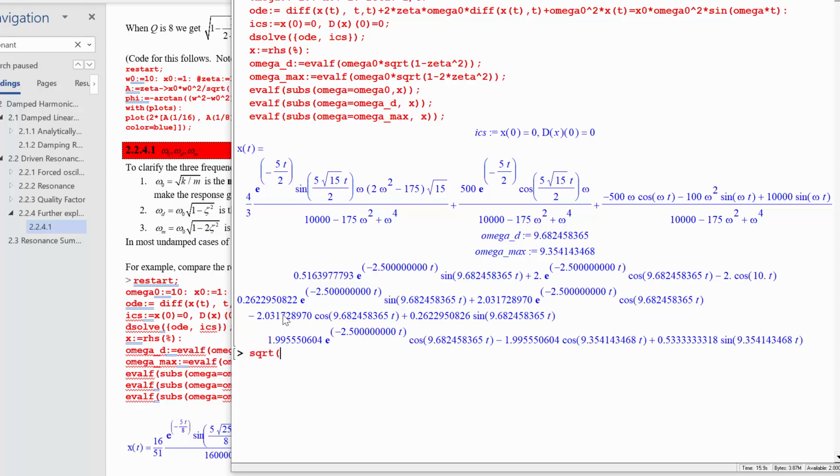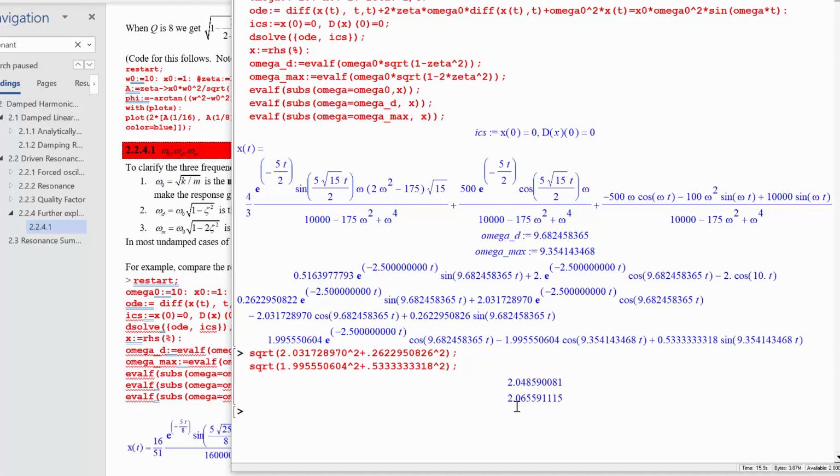Square root of, Control C, Control V, that thing squared, plus, select that, Control C, Control V, and that'll be 2.04. Okay, and that'll be smaller than what we'll get at the omega max. Yeah, let's see. That squared plus this thing squared. Aha, so the one at omega max is even larger.